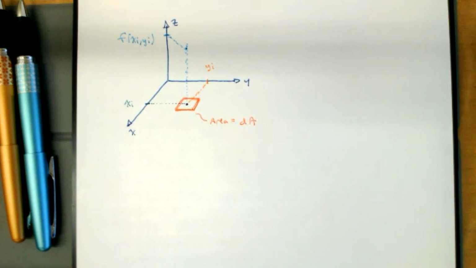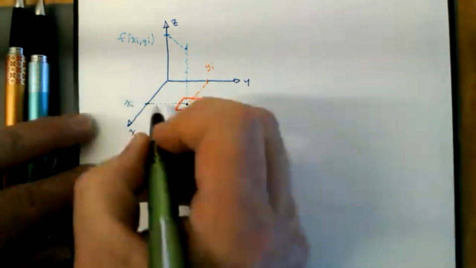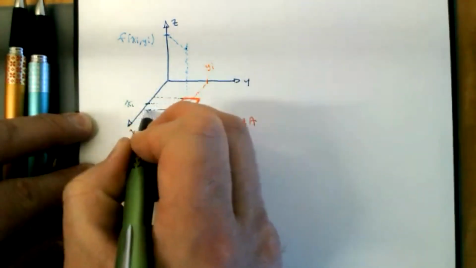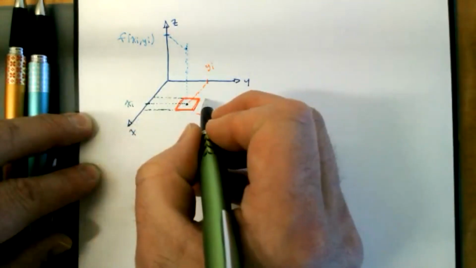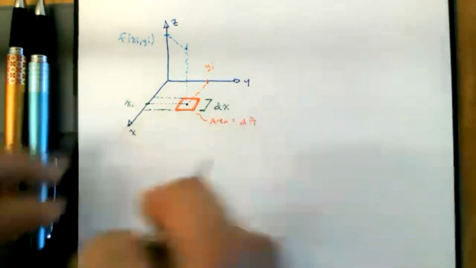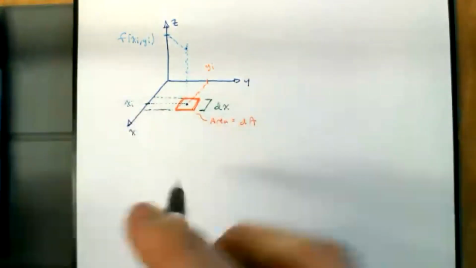So the dA is going to be some small area, some small square or rectangle, in the xy plane. The size of the dA is going to be the change in x multiplied by the change in y. So there's going to be a dx and there will also be a dy.